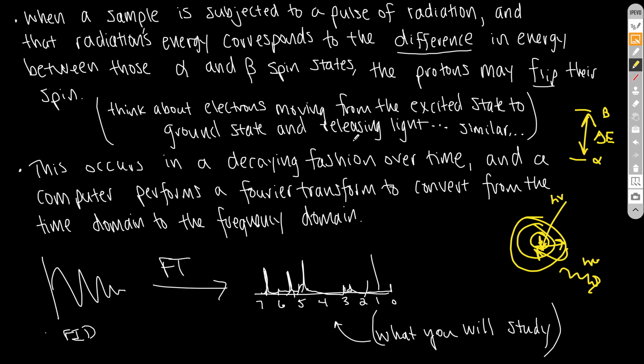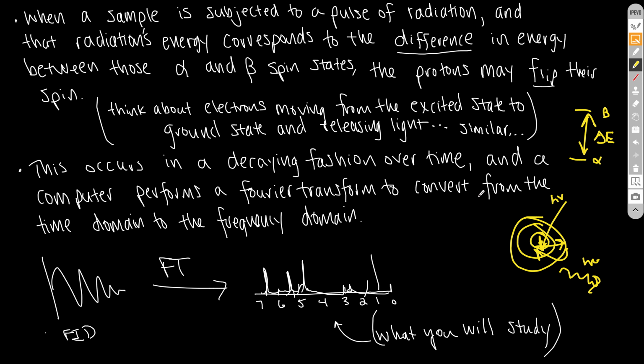So very interesting. This occurs in a decaying fashion over time, and we're not going to go into the mechanics of that because if you're a chemistry major, you will likely learn that in instrumental analysis. A computer will take that information and do something called a Fourier transform, and you can read in your textbook in section 14.2 about this.